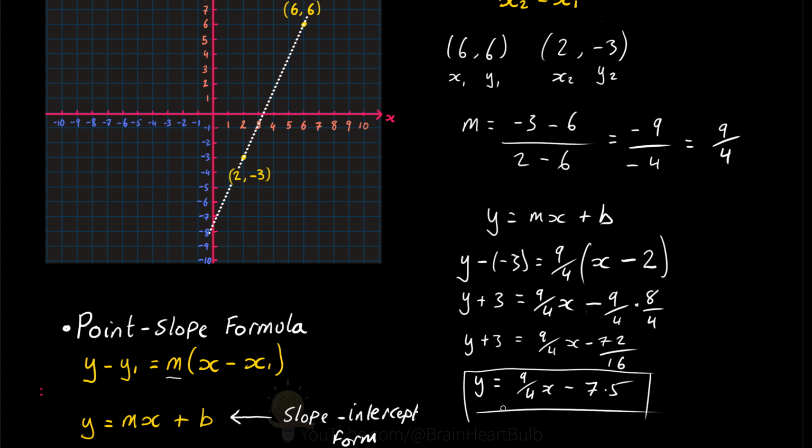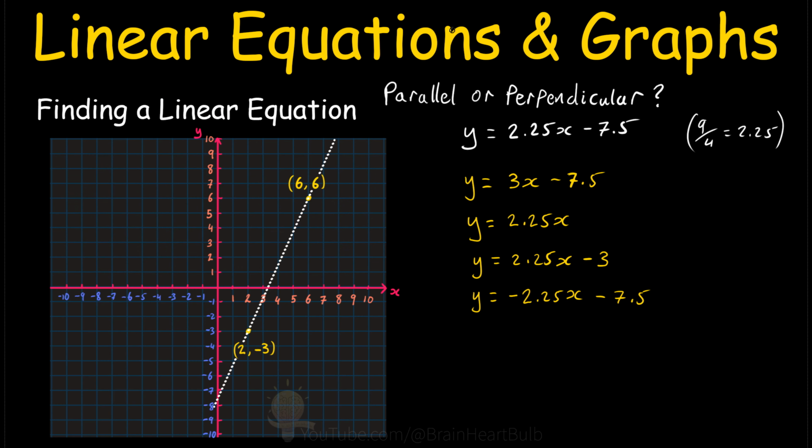Now our linear equation here has a positive gradient, which we can see on our graph here, and the y-intercept crosses the y-axis at -7.5, which we can see here. So how can we determine whether our linear equations are parallel or perpendicular to one another?